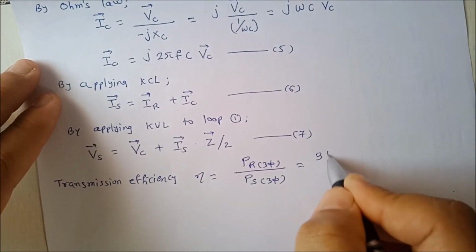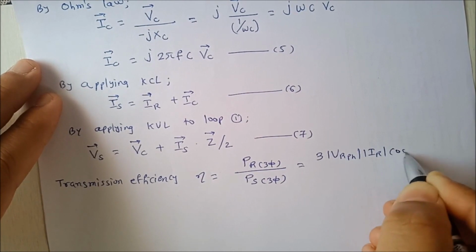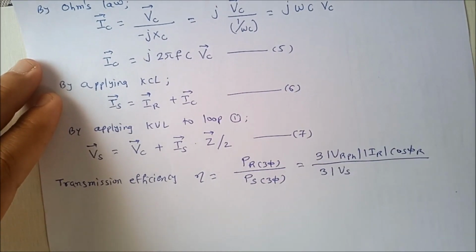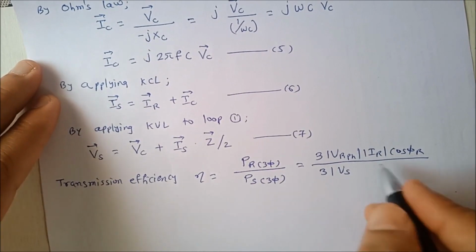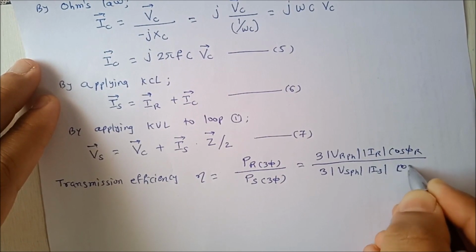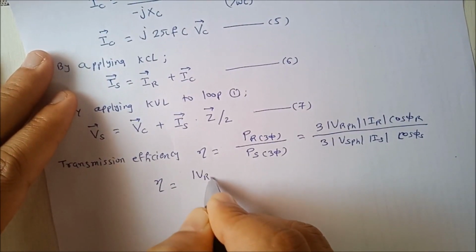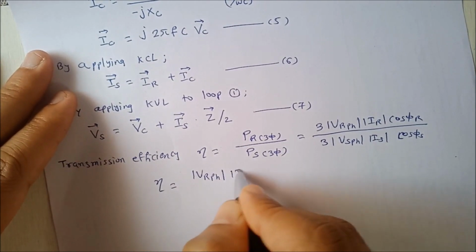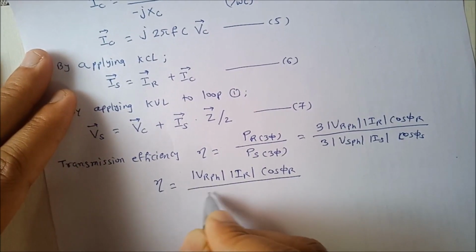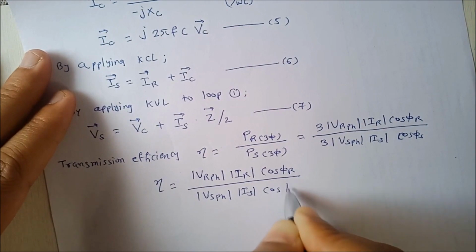That will be equal to 3 times VR phase IR cos phi r divided by 3 times VS phase into IS into cos phi s. This 3 will get cancelled. So the efficiency will be VR phase IR cos phi r divided by Vs per phase into IS into cos phi s.